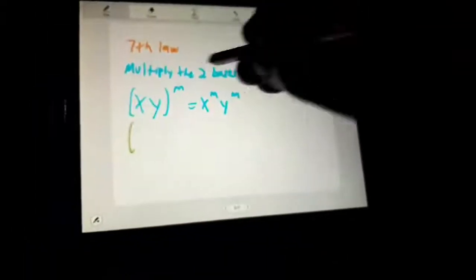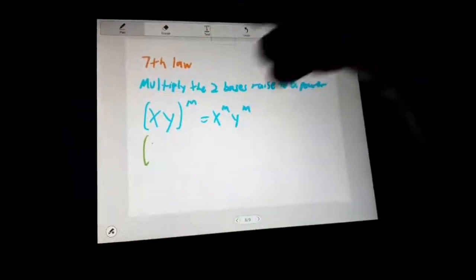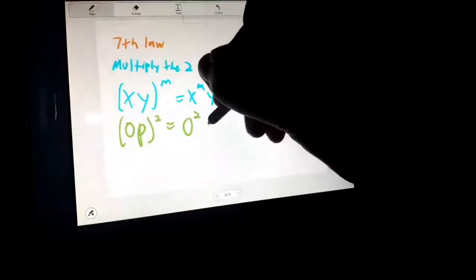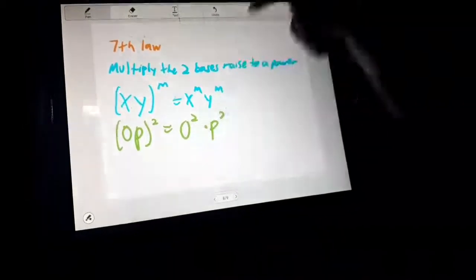any letter, kasi ang variables, any letter from A to Z pwede gamitin. So, O and then P raised to 2. So, magiging O raised to 2 times P raised to 2.